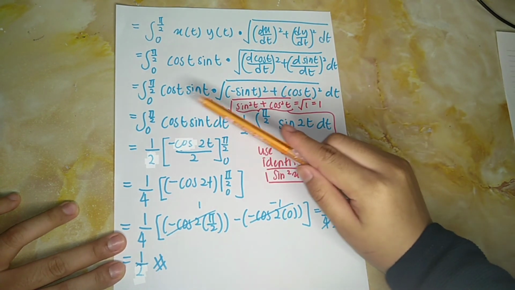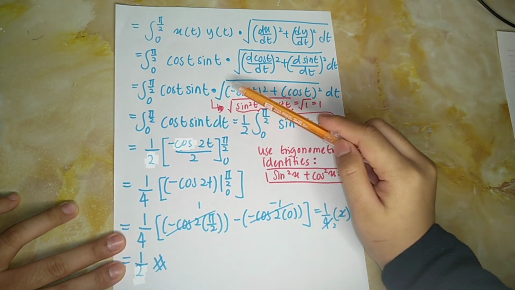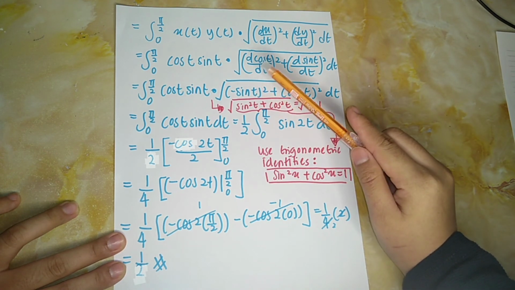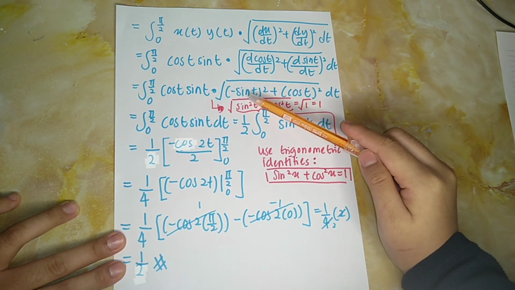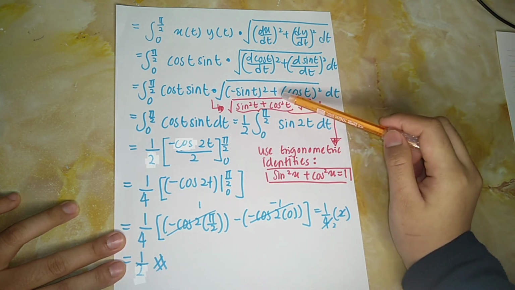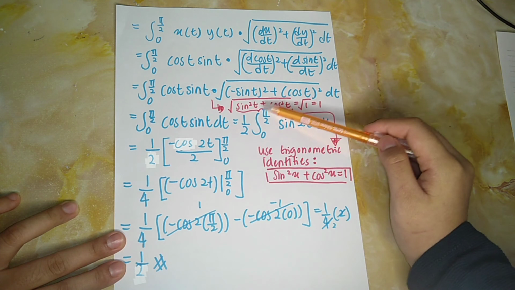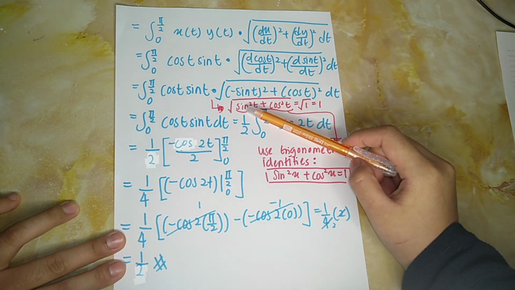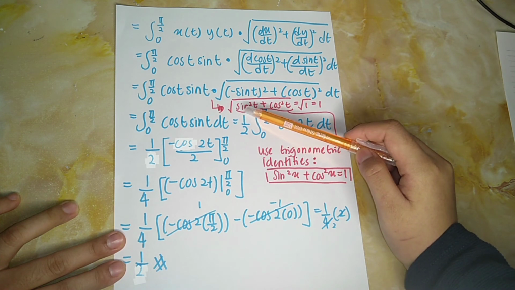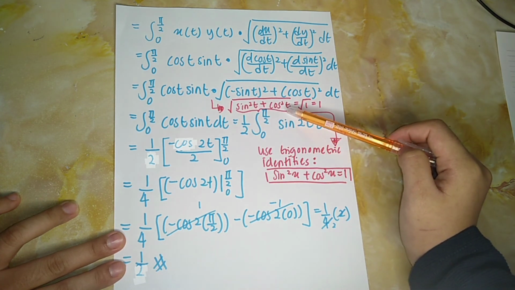Then we settle this part here. When we differentiate cos t, we will have negative sin t squared plus cos t squared, dt. As we know, when we square each of the values here, we will have sin squared t plus cos squared t.